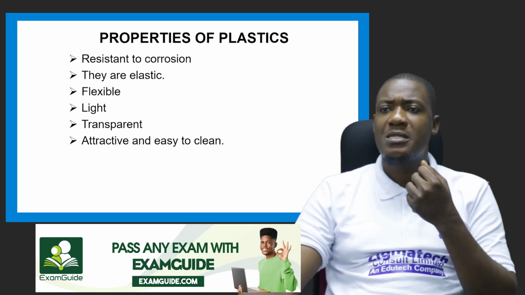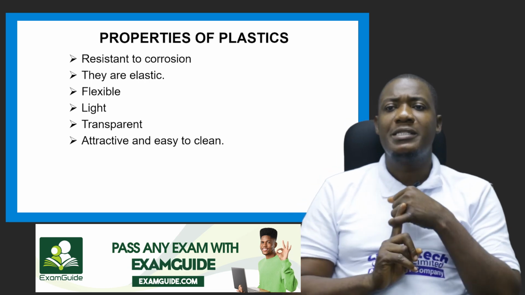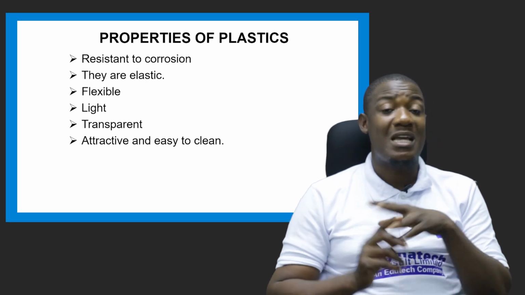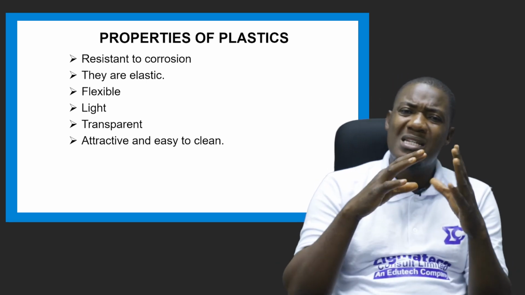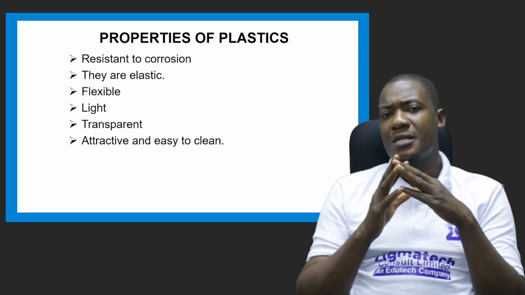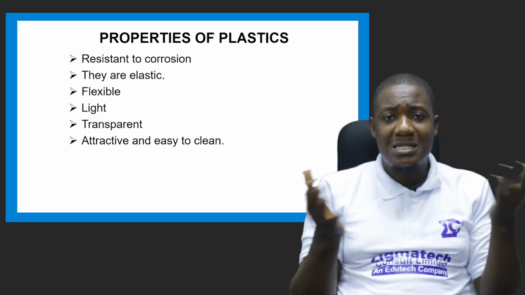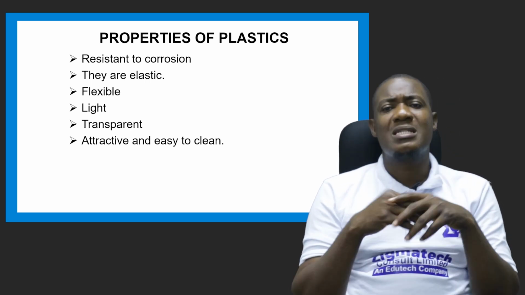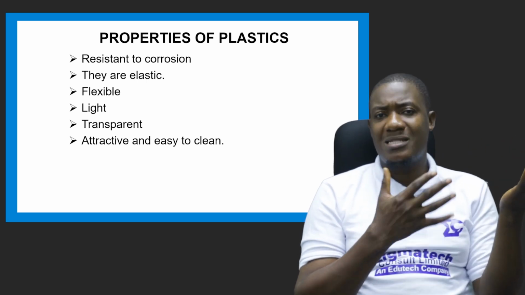So what are the properties of plastics? How do we identify plastics? Number one, they are resistant to corrosion. Number two, they are elastic. I've told you the meaning of elasticity before: any material whose shape can change when you apply force on it, and which returns to its original shape when you remove the force, is said to be elastic. Plastic has that property. Plastic is also light when compared to wood, metal and ceramic.